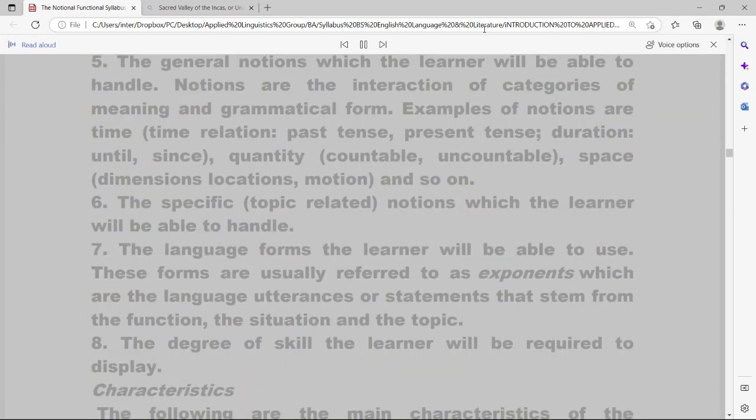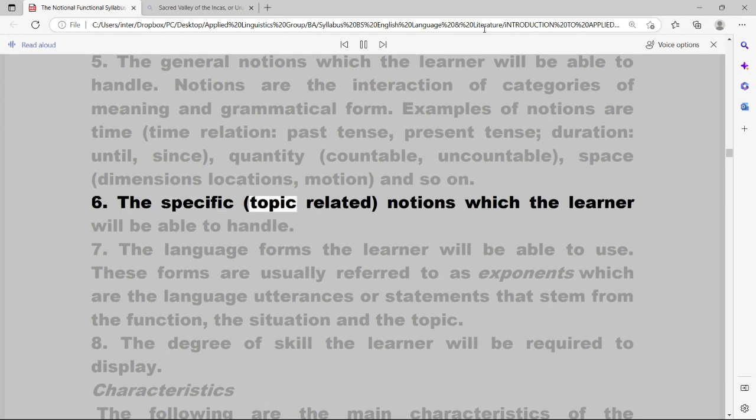5. The general notions which the learner will be able to handle. Notions are the interaction of categories of meaning and grammatical form. Examples of notions are time, time relation, past tense, present tense, duration, until, since, quantity, countable, uncountable, space, dimensions, locations, motion, and so on. 6.